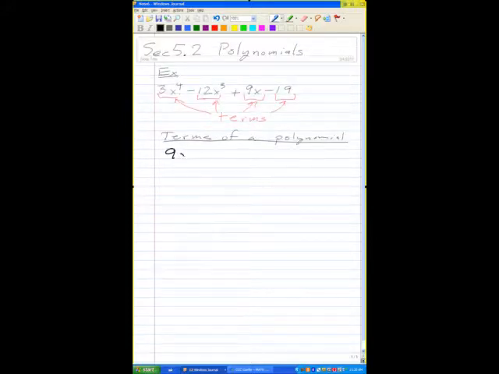Okay, so 9x cubed is a term, and it consists of two parts: the variable part and the numerical coefficient.